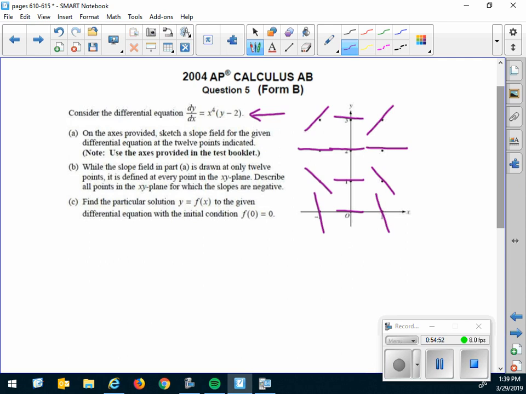Let's look at part B. While the slope field in part A is drawn at only 12 points, it is defined at every point in the plane. Describe all points in the XY plane for which the slopes are negative. How could I be assured that x to the 4th times y minus 2 is negative?